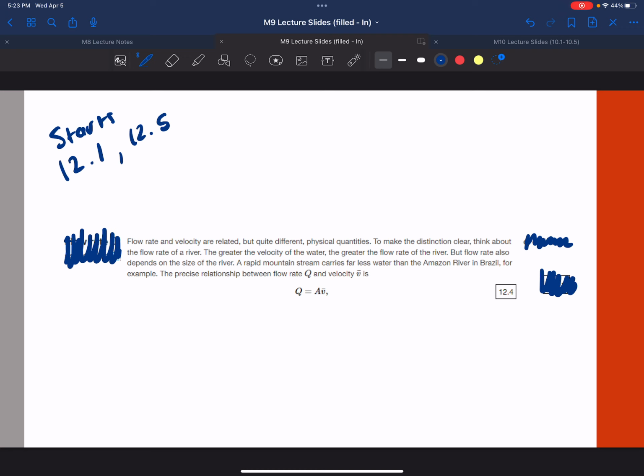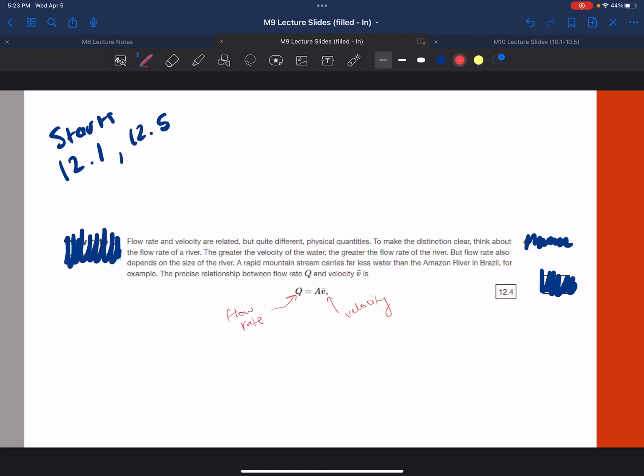Flow rate and velocity are going to be related, and I think it's pretty obvious here which variable represents velocity. It's this one. So I'm betting y'all can guess that Q is flow rate, even if you didn't read this, which I hope you have.